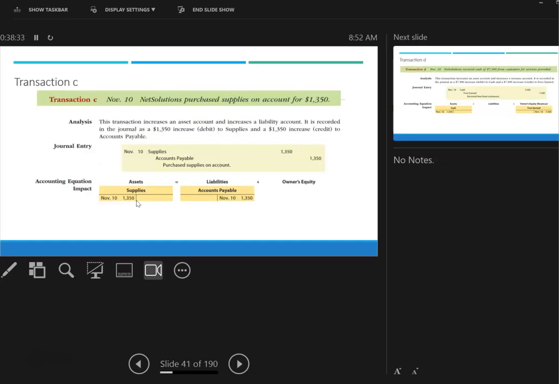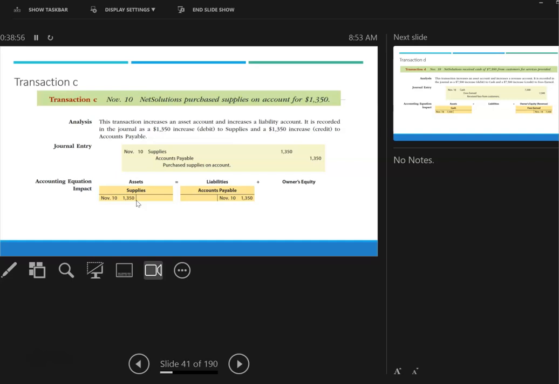Now, on November 10th, Net Solutions purchased supplies on account for $1,350. On account, what does that mean? We haven't paid it yet. We owe them money. Our supplies gets debited, increased, it's an asset. Our accounts payable is a liability.